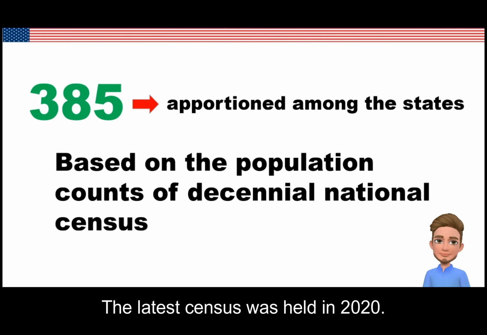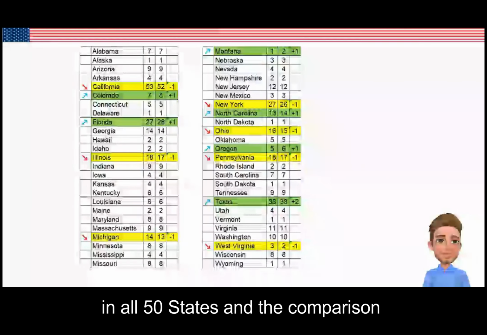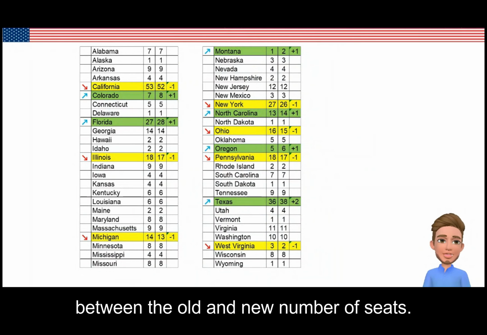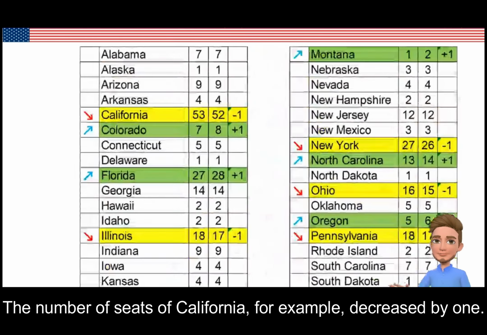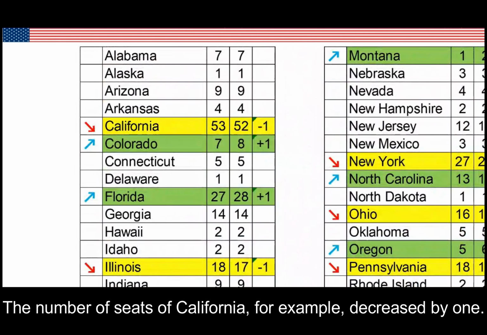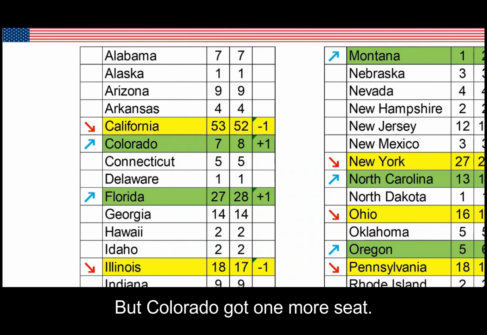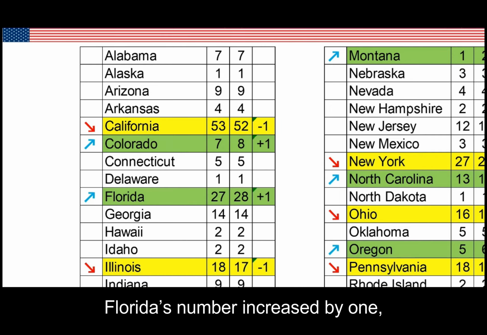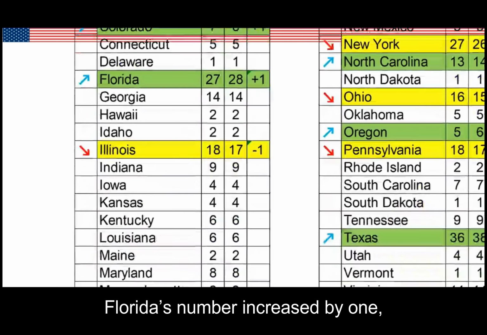Here is the list of the number of seats in all 50 states and the comparison between the old and new number of seats. The number of seats of California, for example, decreased by 1, but Colorado got one more seat. Florida's number increased by 1.